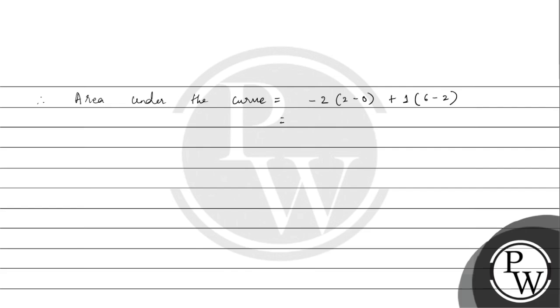So this is equal to -4 and this is equal to +4. Therefore impulse is equal to 0. Therefore change in momentum is also equal to 0.